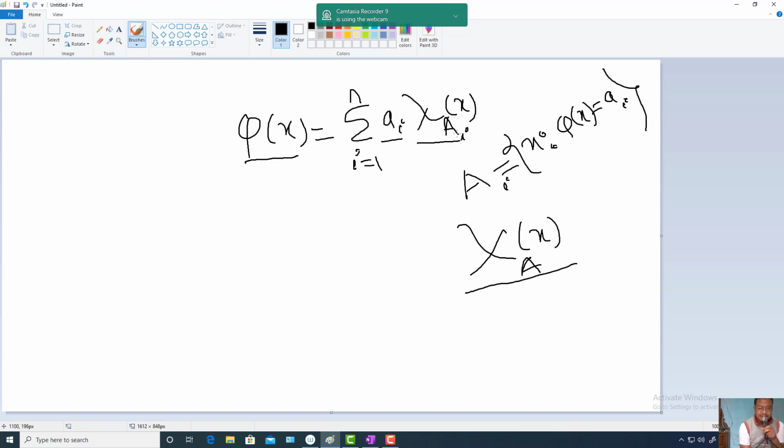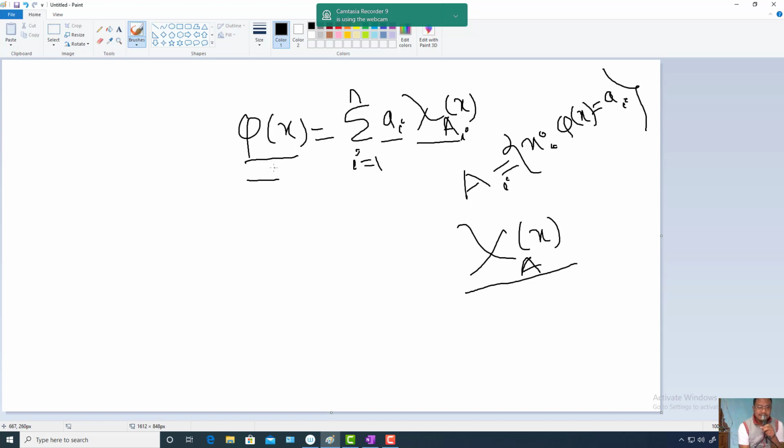If you multiply that function by a constant number, the resulting function ai chi Ai is going to be measurable. And a sum of measurable functions is also measurable, that we have done. So this function is a finite sum of measurable functions when its Ai's are measurable.